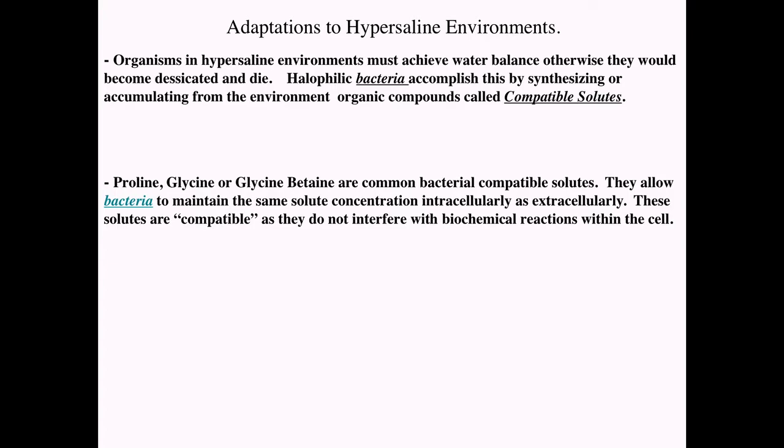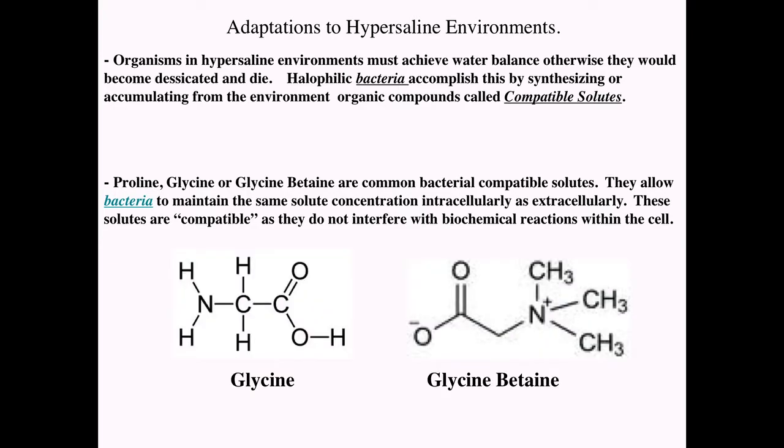The best examples of these are either amino acids or modifications of amino acids. So bacteria will use things like proline, glycine, or glycine betaine, or betaine, I should say. These are common bacterial compatible solutes. They're compatible because they don't interfere with the biochemistry of the cell. If you just pack them full of chloride ions, that would potentially be dangerous for the bacterium.